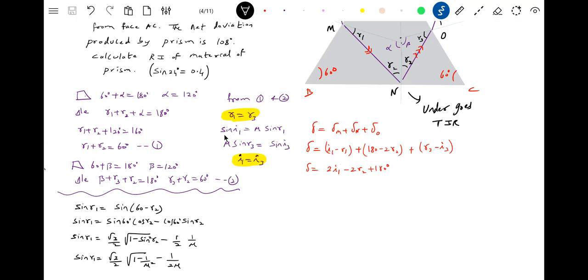But we wanted mu, no? Okay, somewhere we have reached mu. Sine I1, deviation we know. So I1 and R2, somehow I think I should get it. We have information of R1 plus R2, no? Yes.